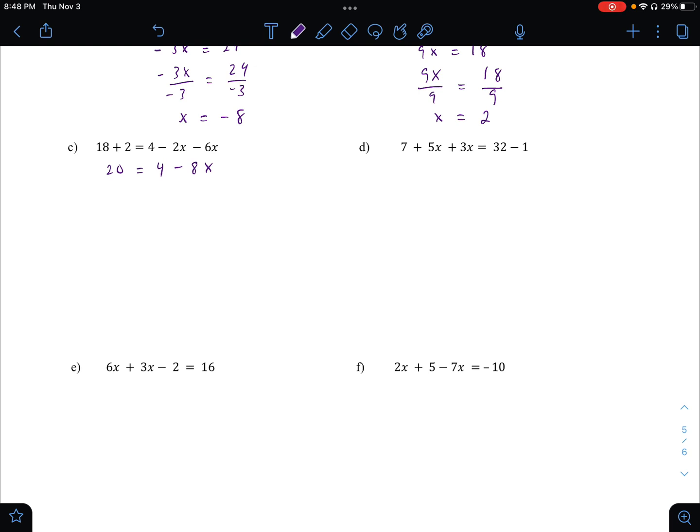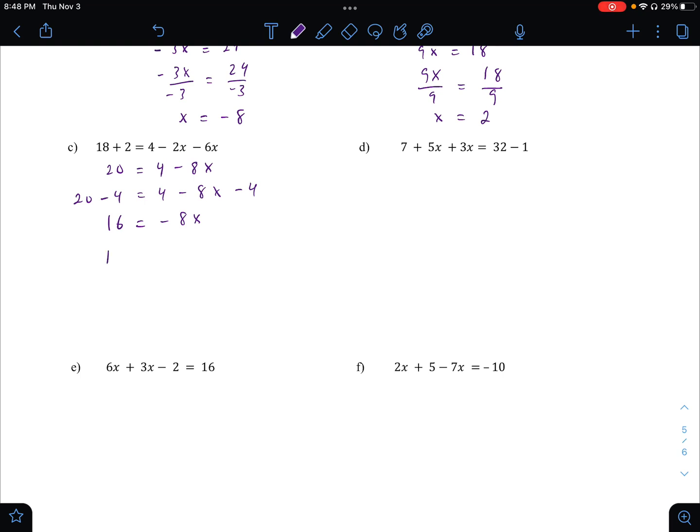What we want to do now is move the 4 to the other side. So we're going to subtract 4 from both sides. So 20 minus 4 is 16. So 16 is equal to, now 4 minus 4. 4 take away 4 is nothing, it's 0. So we're just left with negative 8x on the right side of the equation.